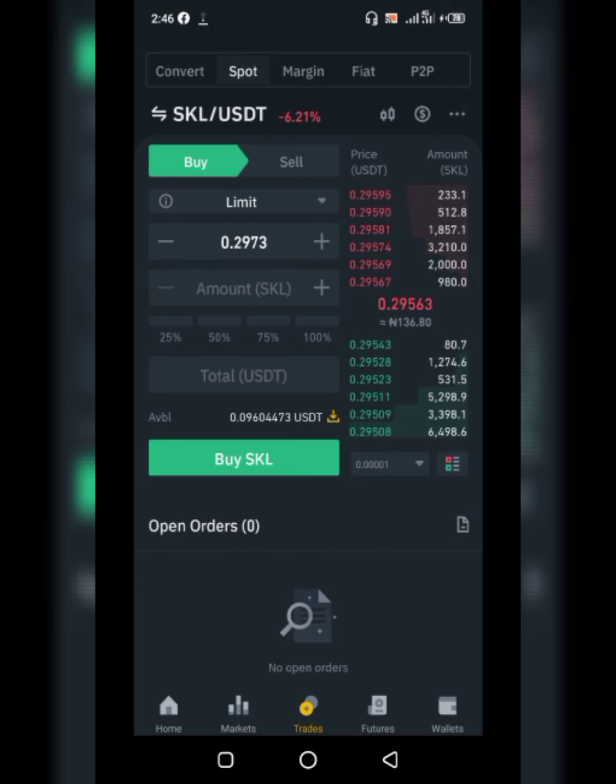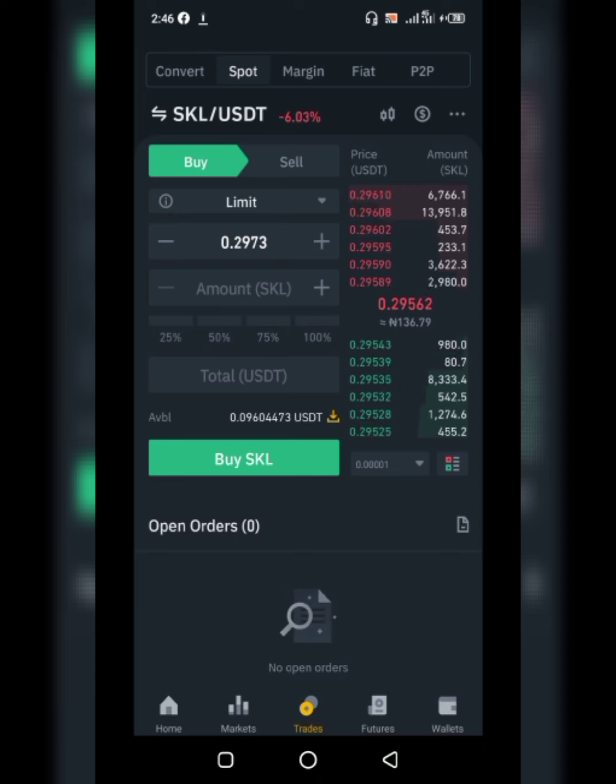Now we continue. Since we all know we've been given this signal, which is SKL, and we are trading it against USDT, the current value of SKL compared to USDT, under the limit section, is $0.2973.